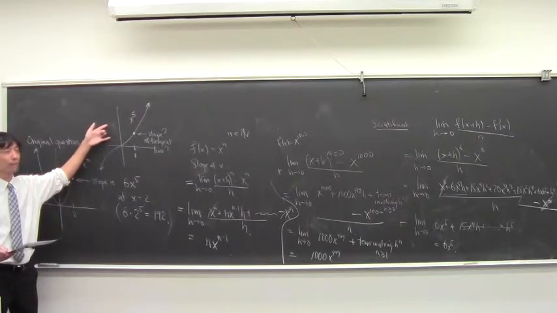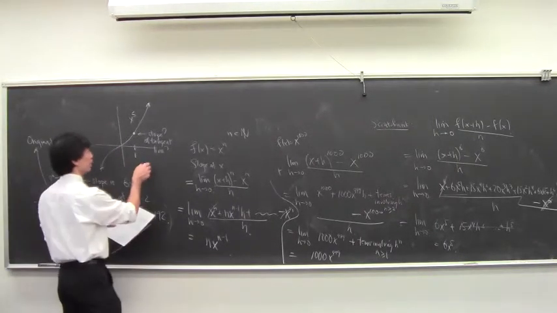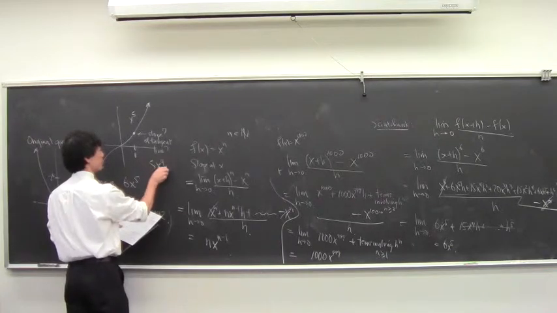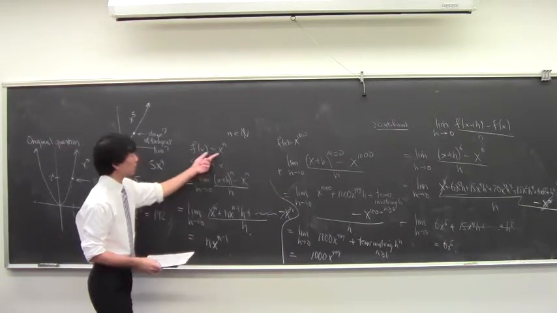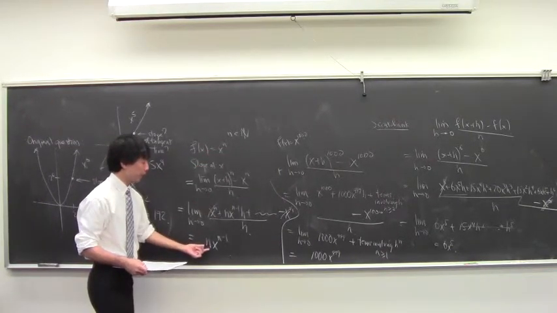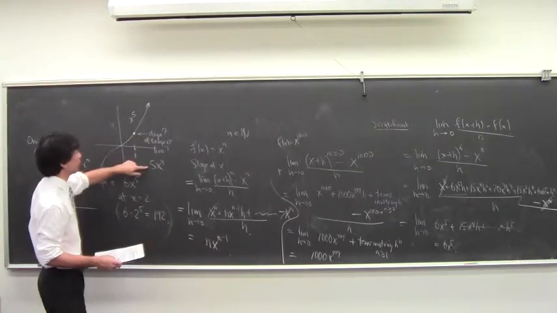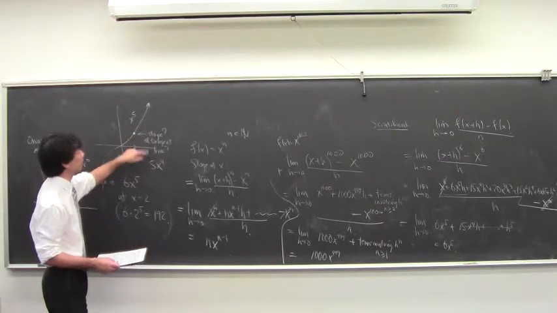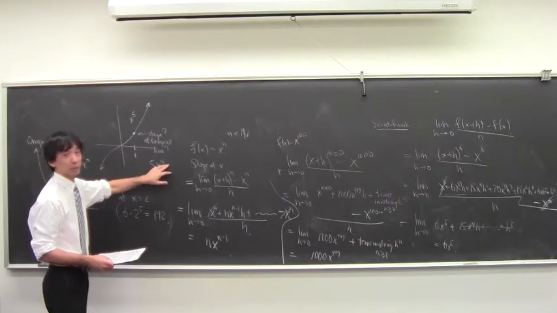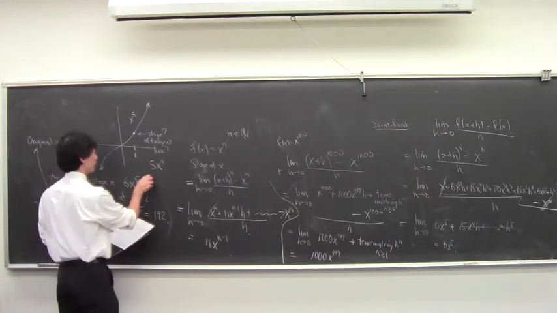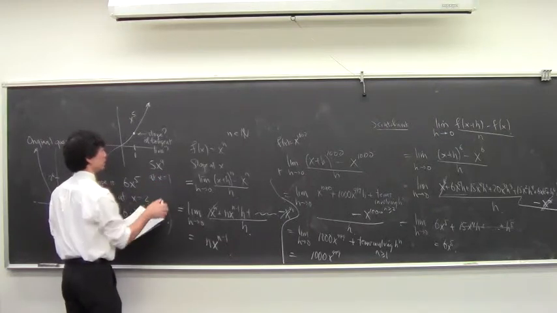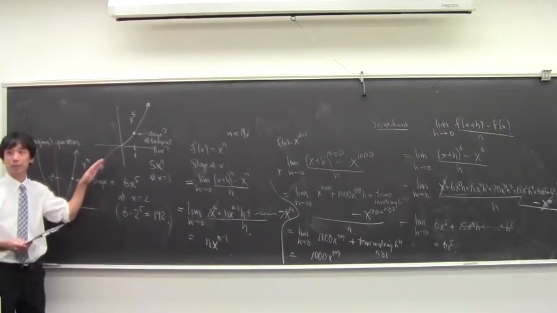Isaac. 5, right? Because you know that the slope is going to be 5x to the 4th. The slope of x to the n is n x to the n minus 1. So it's going to be 5x to the 5 minus 1, which is 4, at x equals 1, so it's going to be slope 5 there.